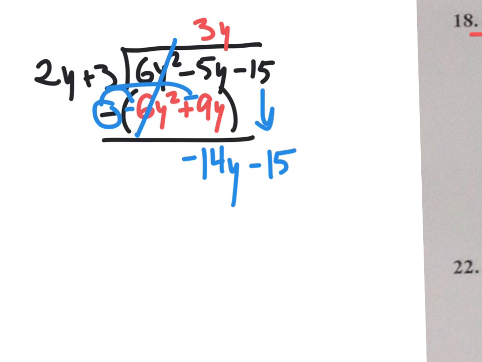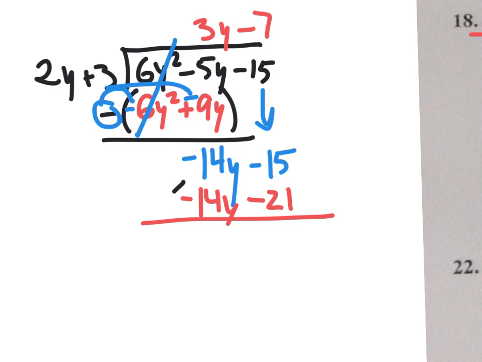So at this point, once again, we're going to go 2y times what will get us a negative 14y. That's going to be a negative 7. Why negative 7? Because negative 7 times 2y is negative 14y. And if we were to distribute negative 7 times 3, that's negative 21.